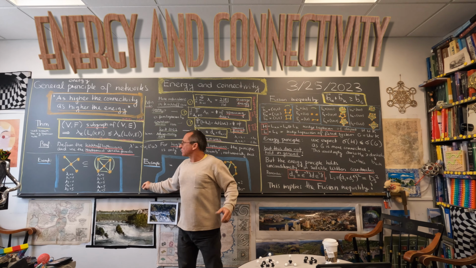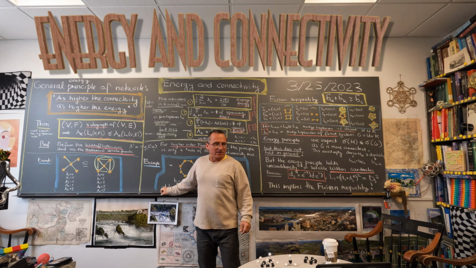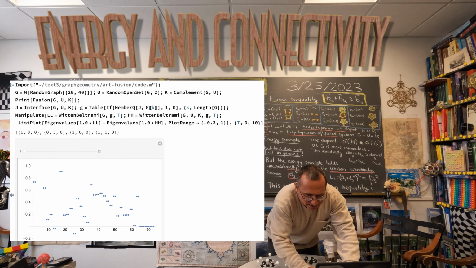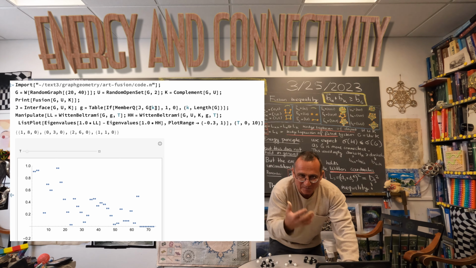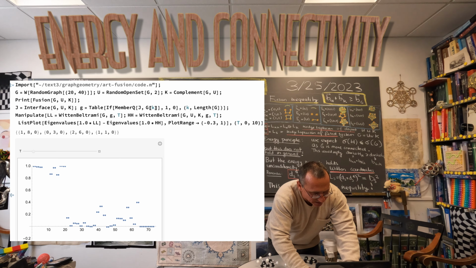And the unit eigenvectors are getting deformed with the Witten Laplacian. Let me just show you that. I'm looking at the interface parts. The interface part is just the simplices which are involved in the merger.